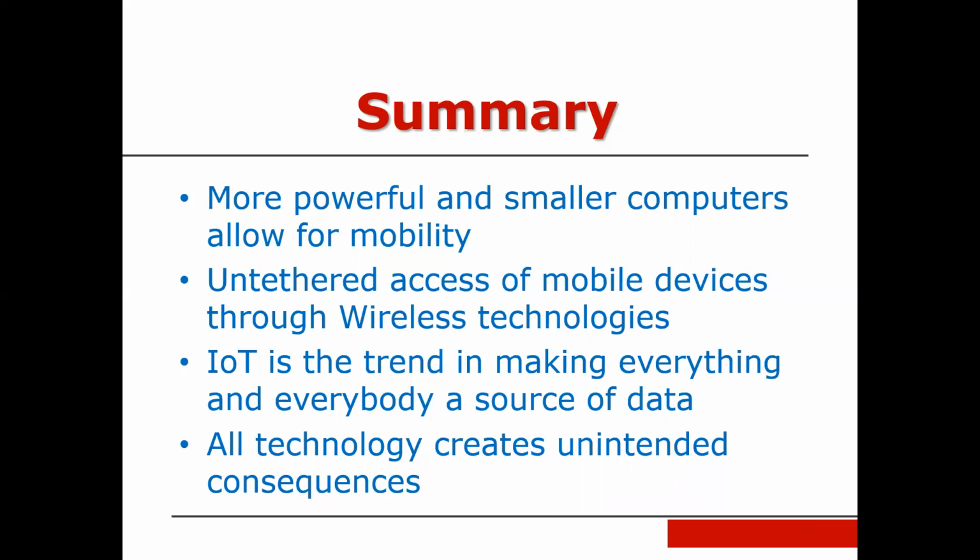Stronger batteries, smaller sizes, and faster, cheaper wireless technologies are eliminating the geographical and time-based boundaries that previous generations had to deal with. The current trend is to make everything and every person a source of data available across the internet. How we work and how we conduct our personal lives is changing rapidly because of the ubiquity of mobile wireless computing.